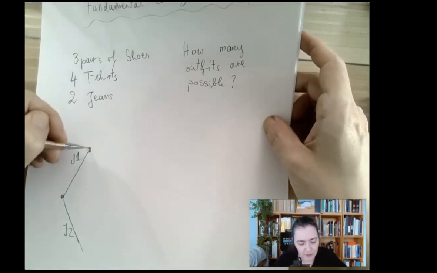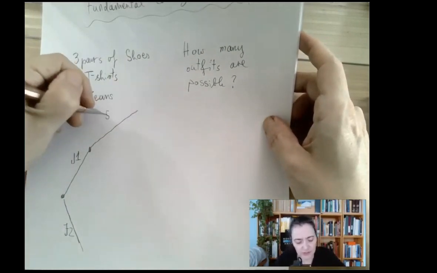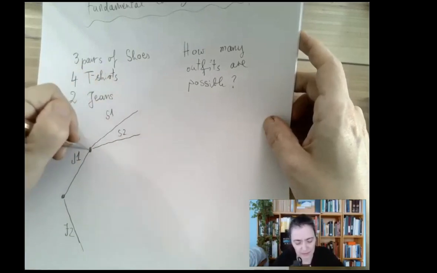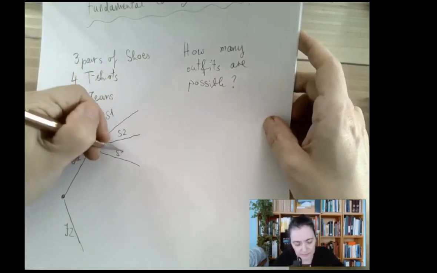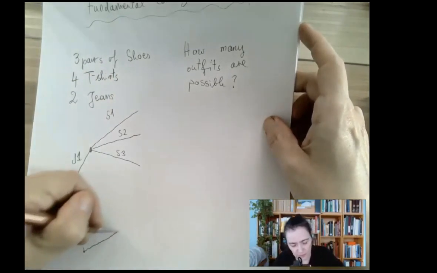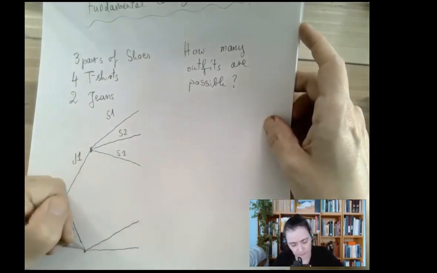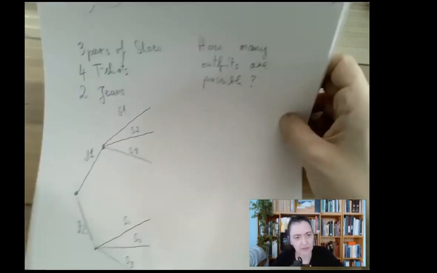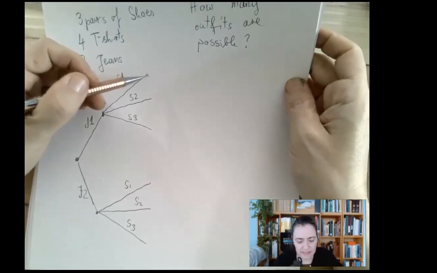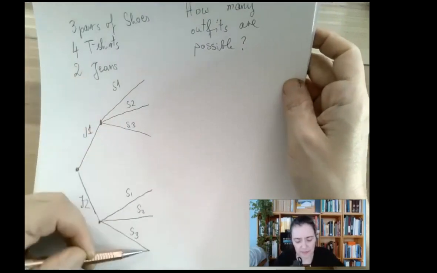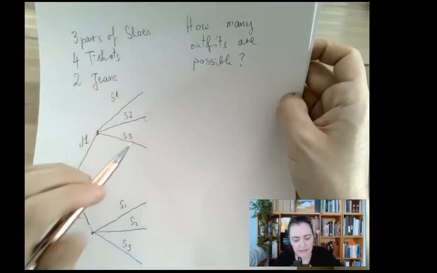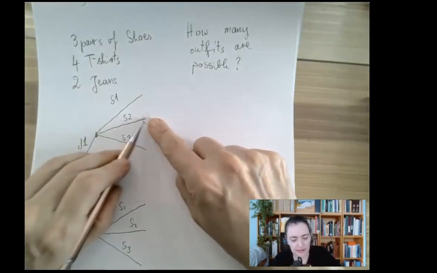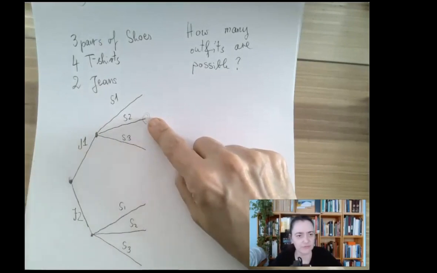I have 3 options, say shoe 1, shoe 2, and shoe 3. And I have the same 3 options. And for now it looks like 6 different outfits. The way you read it is you read from the start, jean 1 and shoe 2, right?